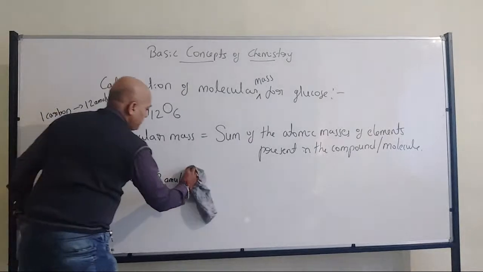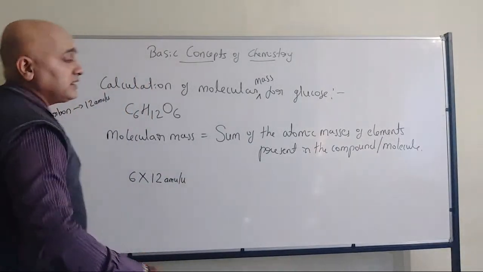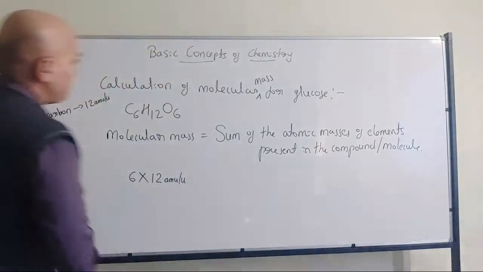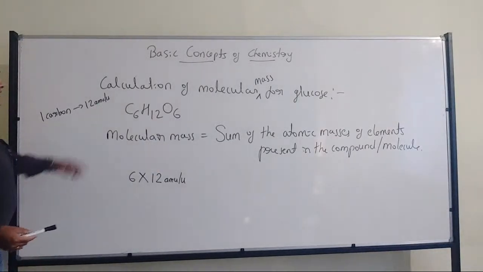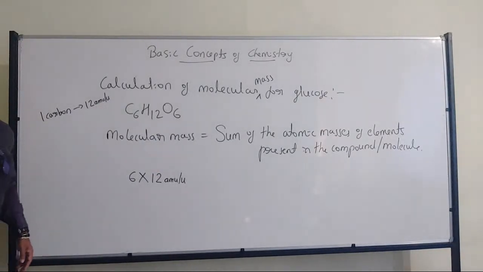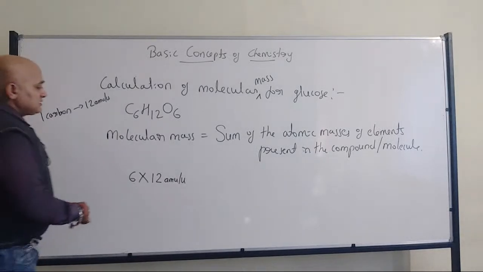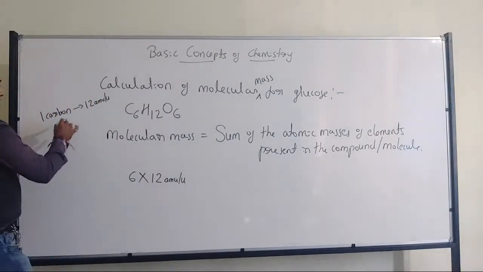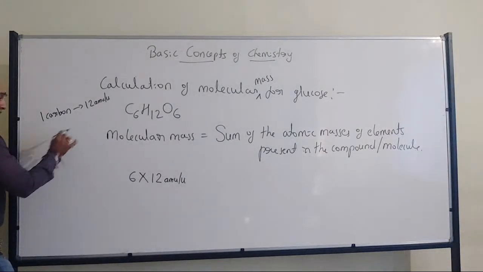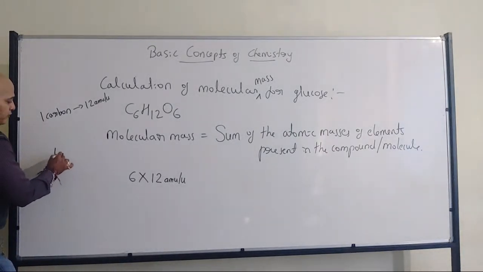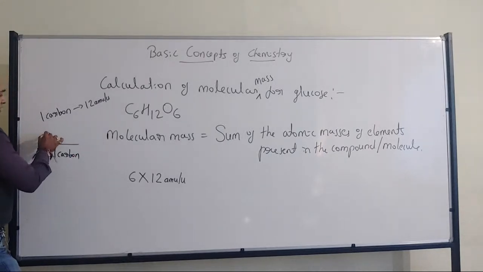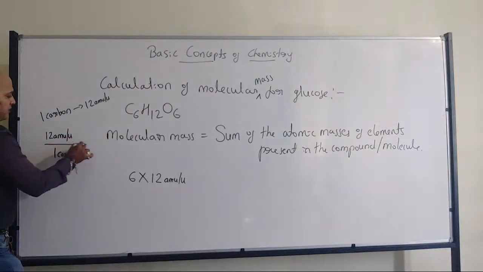Okay. So for time being, I will go with only one carbon. Considering one carbon, I will take out the gram. Then I can tell 12 atomic mass unit or 12 unified mass. So that's where I have the carbon. So if that is the case, for one carbon, it is 12 atomic mass unit or unified mass.